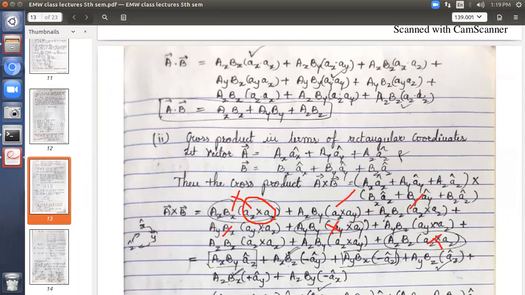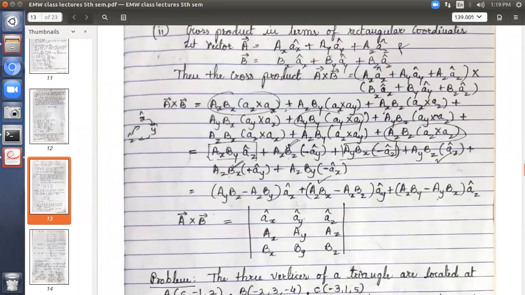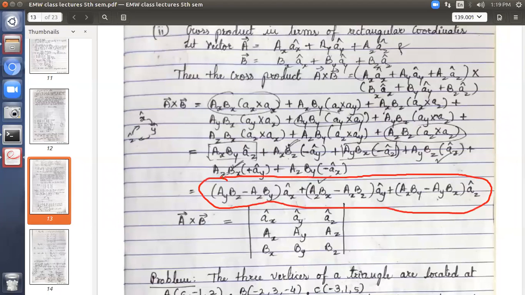The remaining 6 different terms I have listed here. If anything is common, say you have 2 terms with AX, 2 terms with AY, and 2 terms with AZ, I have taken them in common.